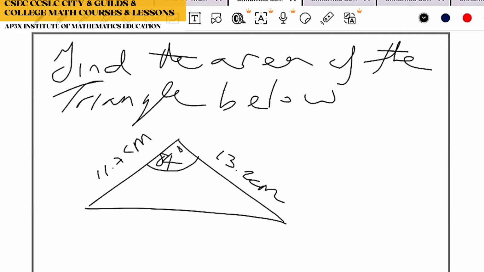So when you look at this triangle, you're being asked to find the area of the triangle below, and the triangle that you're looking at has two sides and an angle of 84. So we can't use Heron's formula because Heron's formula requires us to have all three sides. We don't have all three sides, and you cannot use your ruler and measure on paper because most likely they're going to tell you that the diagram is not drawn to scale.